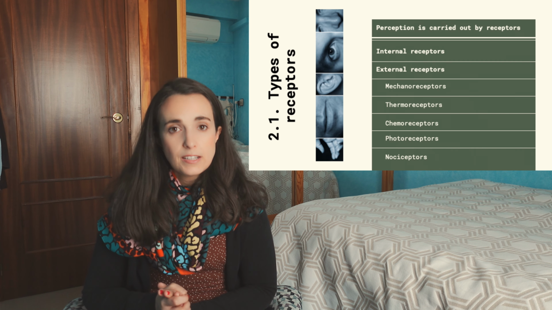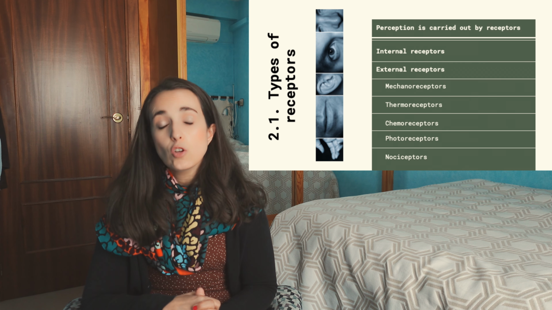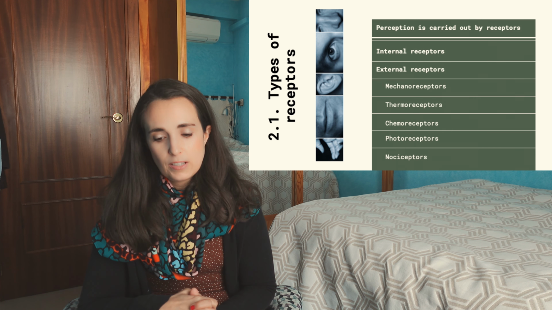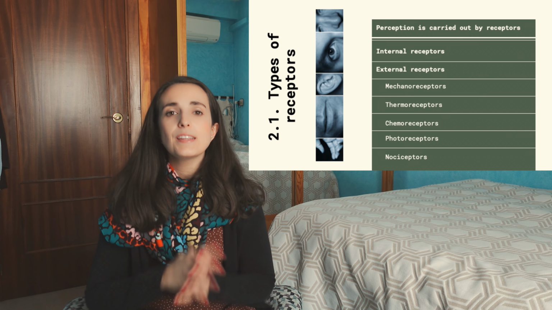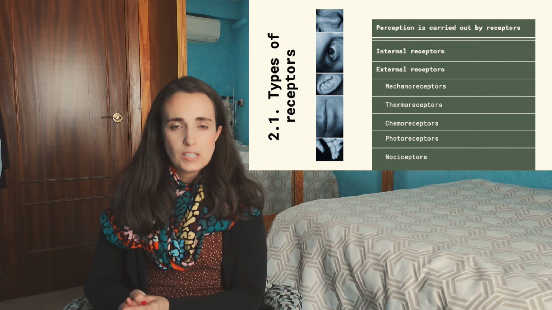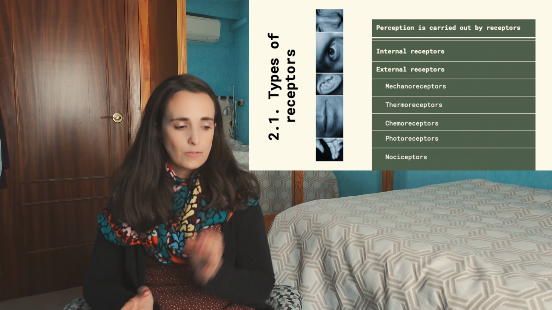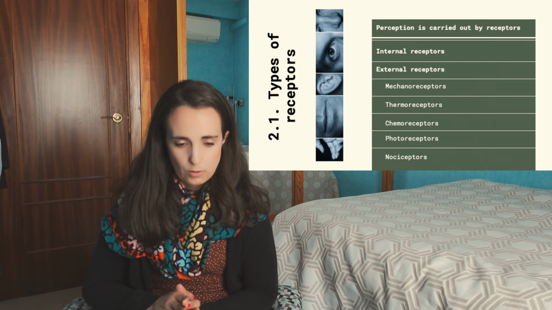Photoreceptors receive light, so we will see them in the sight. And nociceptors, what they receive is pain. Pain is not in the mechano or thermoreceptors. Pain is received in a specific type of receptors, which are the nociceptors or nocireceptors.